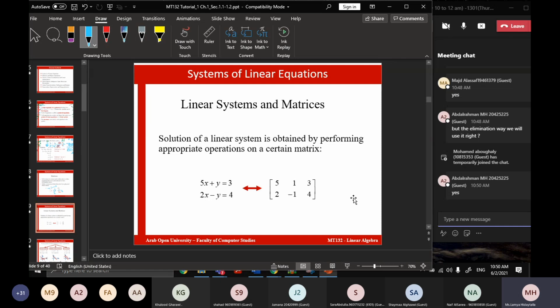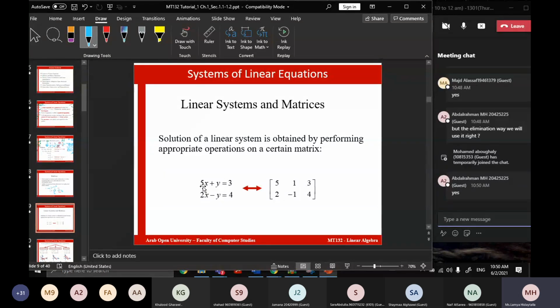Now, first of all, if we want to solve, I have these equations. How am I going to put them in a matrix to get my solution at the end? If this is my linear system, I'm going to put my data in the form of a matrix.